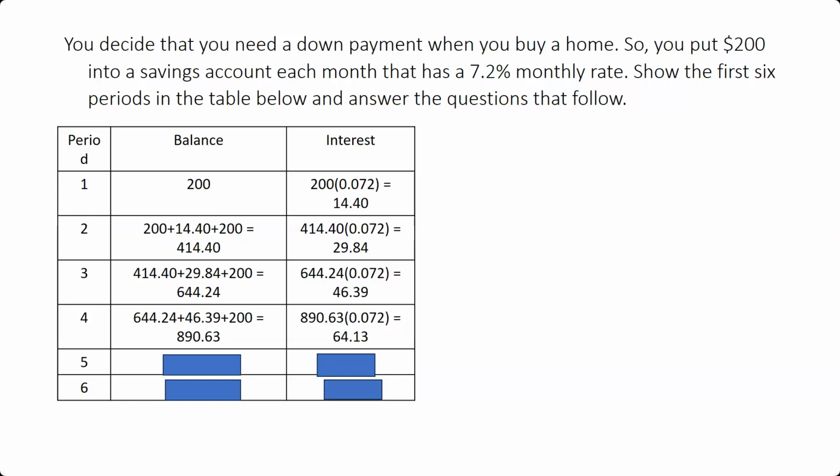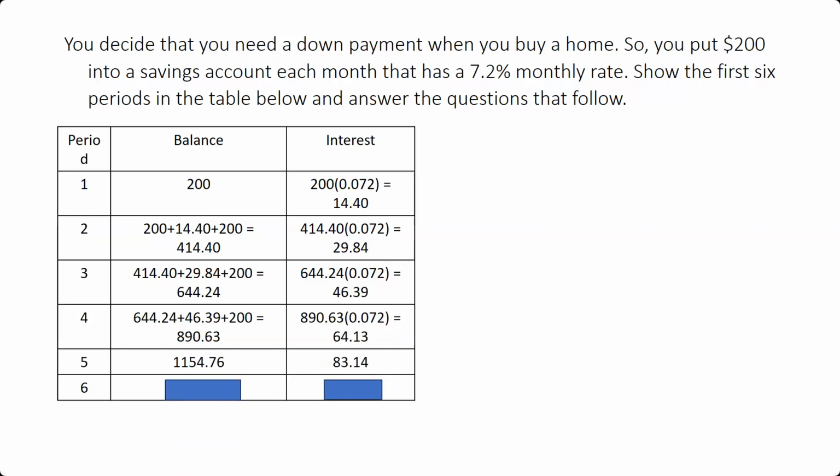Anyone want to say what they got for the fifth? Go ahead. The balance is 1,154. Interest is 23.